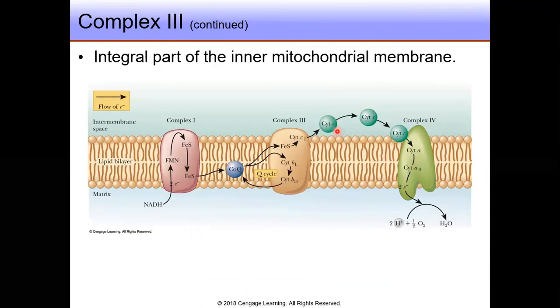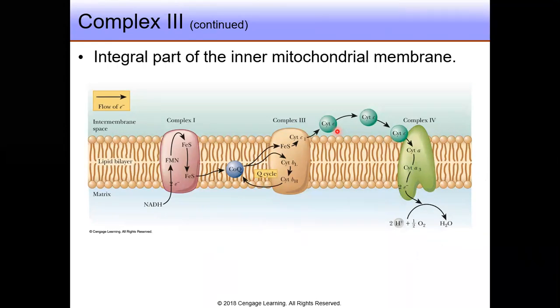Now this figure shows us the composition and locations of respiratory complexes in the inner mitochondrial membrane, showing the flow of electrons from NADH to oxygen.